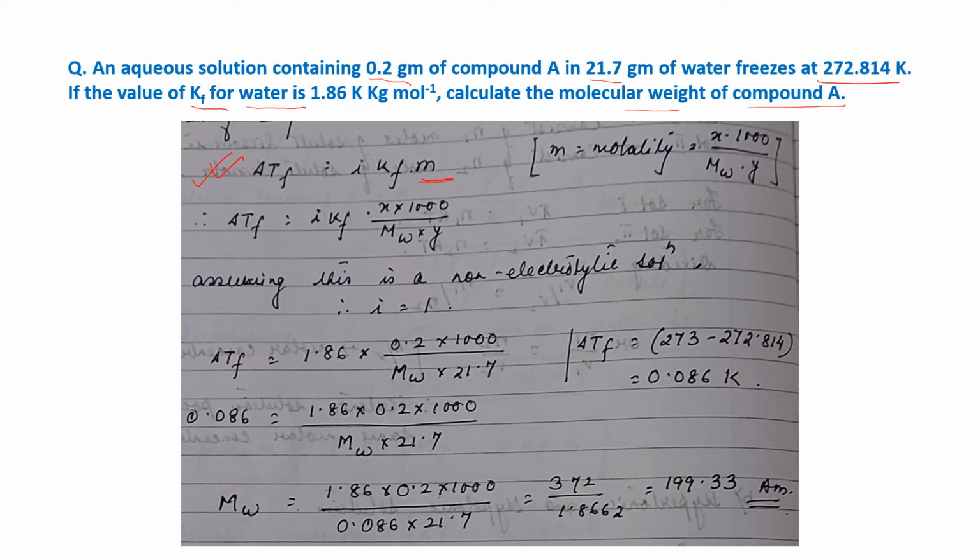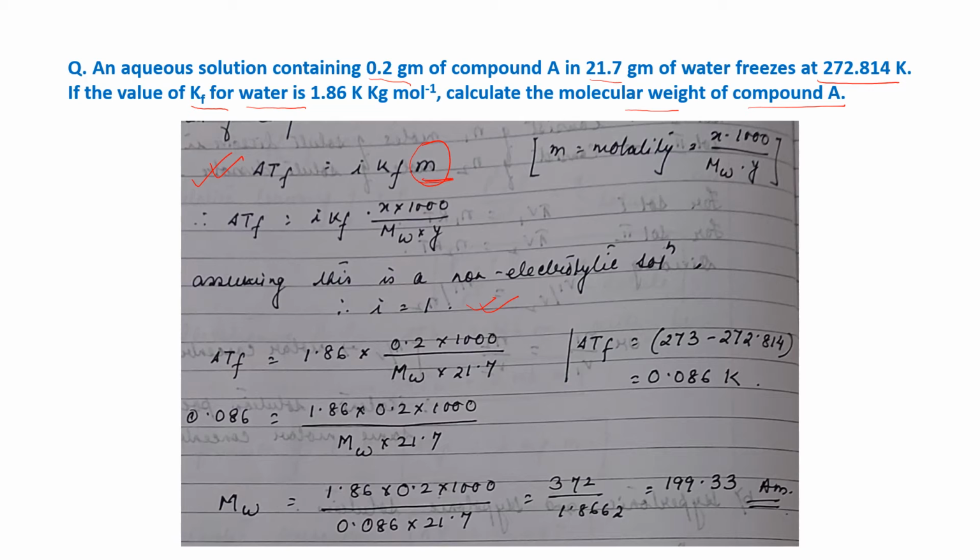Now delta Tf is equal to i Kf into, just put the formula of molality here, X into 1000 divided by MW into Y. Now assuming this is a non-electrolytic solution, in that case no association or dissociation will take place, so Van't Hoff factor i is equal to 1.